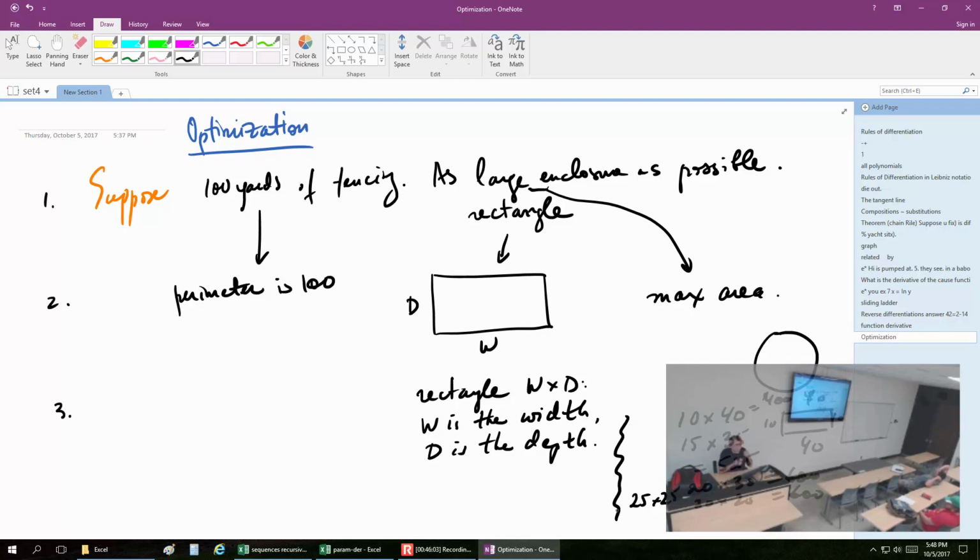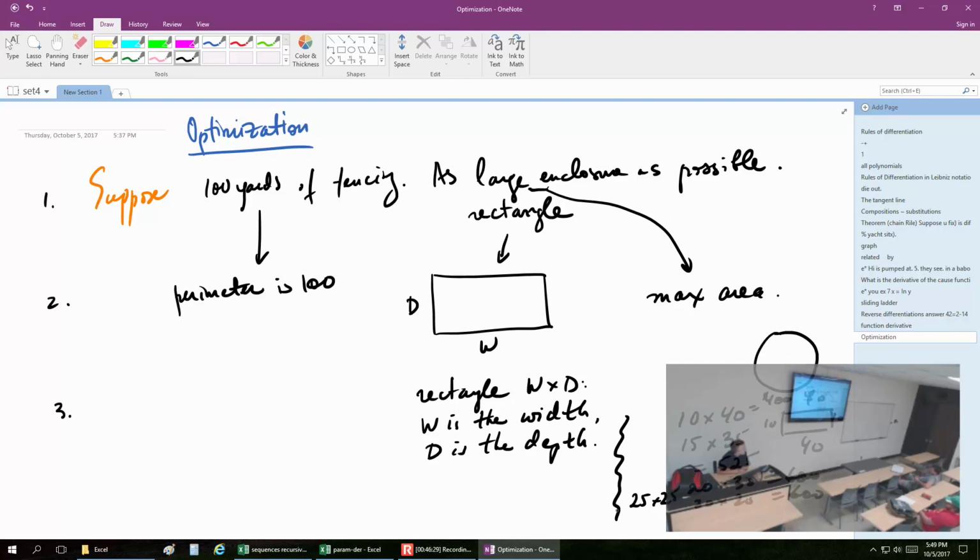So once again, take all the possible rectangles with a given perimeter, and just compare the outputs. That's no trouble, and it is certainly a totally legitimate way of doing things. When a problem is specific, when all the numbers are specific, you can do it by trial and error, numerical analysis, and so on.